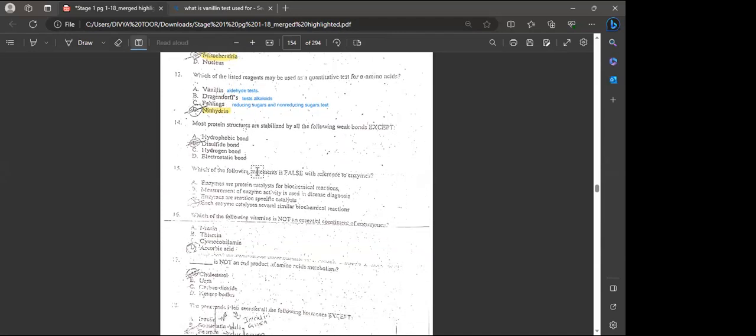So, most protein structures are stabilized by all the following weak bonds except: hydrophobic bond, disulfide bond, hydrogen bond, and electrostatic bond.